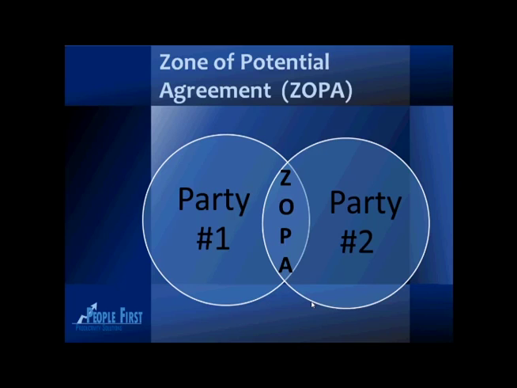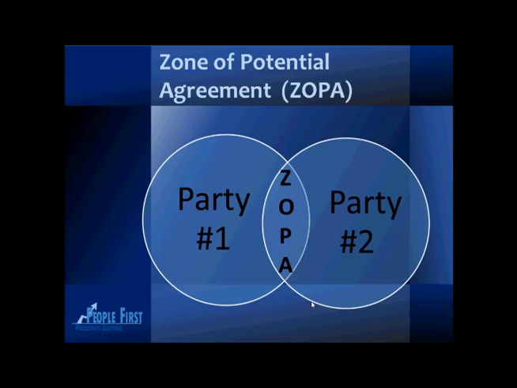Collaborative negotiation, in some circles you'll see that called integrative negotiation, because we're looking to integrate the needs of both parties. Collaborative or integrative negotiation, the whole idea of that is to expand the zone of potential agreement. That may involve offering some deal sweeteners so that you meet additional needs of the other party.